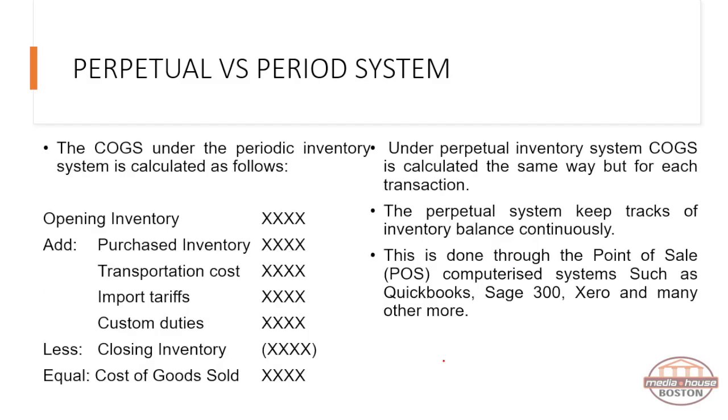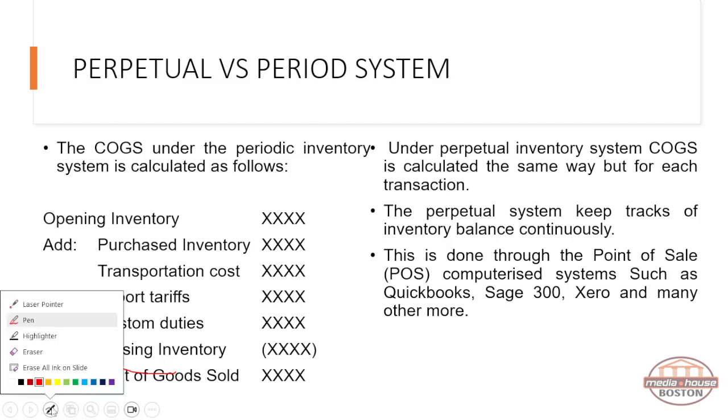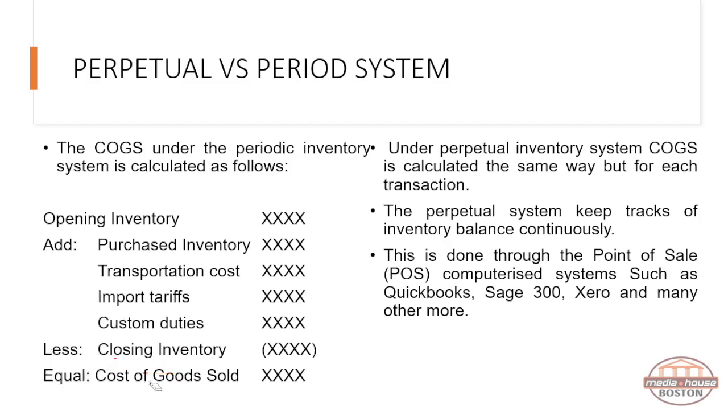So for you to calculate the closing inventory or the cost of goods sold, this is the method that you are going to follow to calculate cost of goods sold.